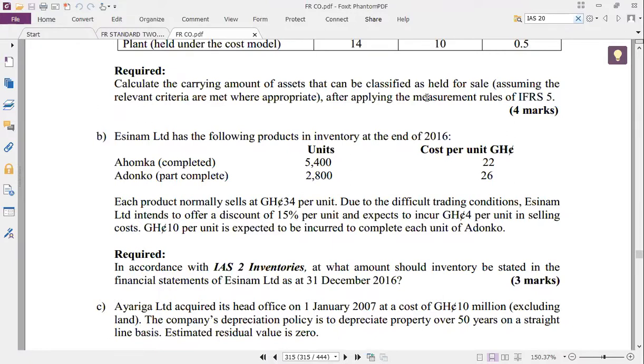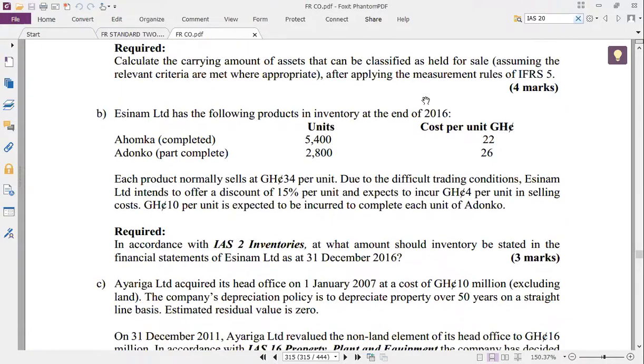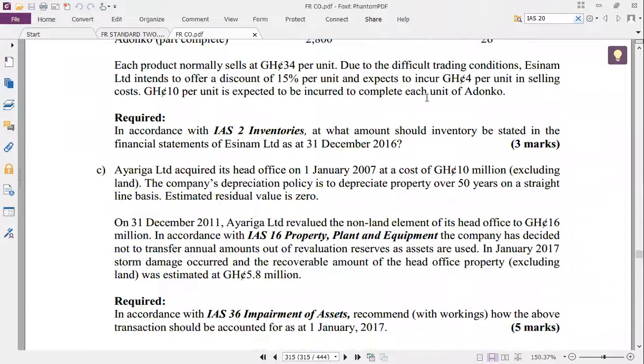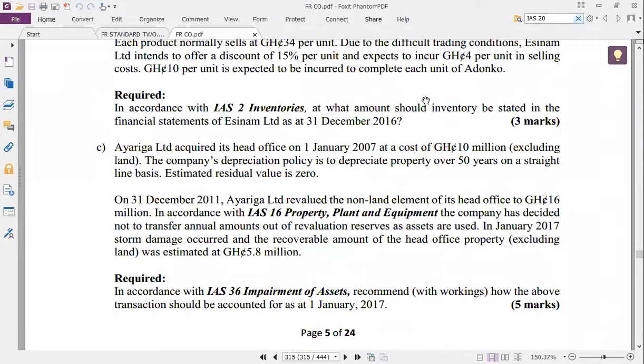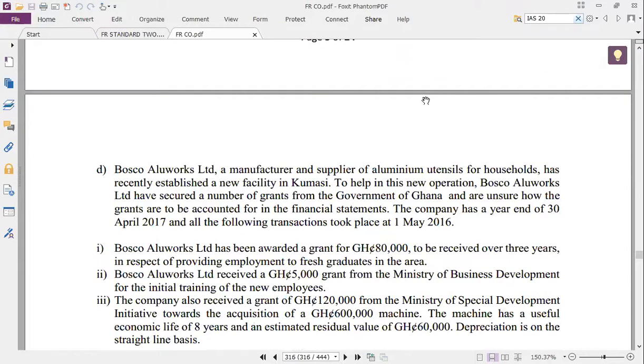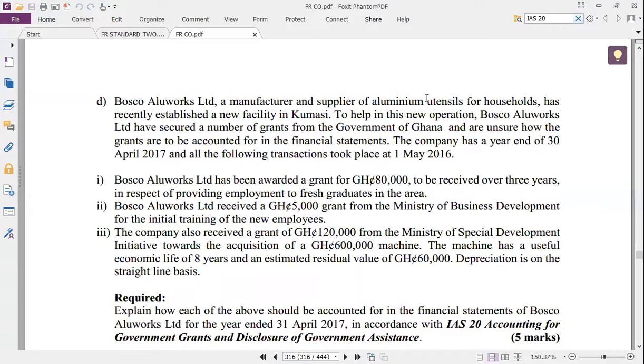Good. This question, that's the B, SNAM, which is in the handouts. C, Ayariga. This one is homework. I've not received the solution. Okay, don't worry. Everything will be fine. Let's go to November 2017. And then let's go to the D. The D is Bosco Aluwex Limited.